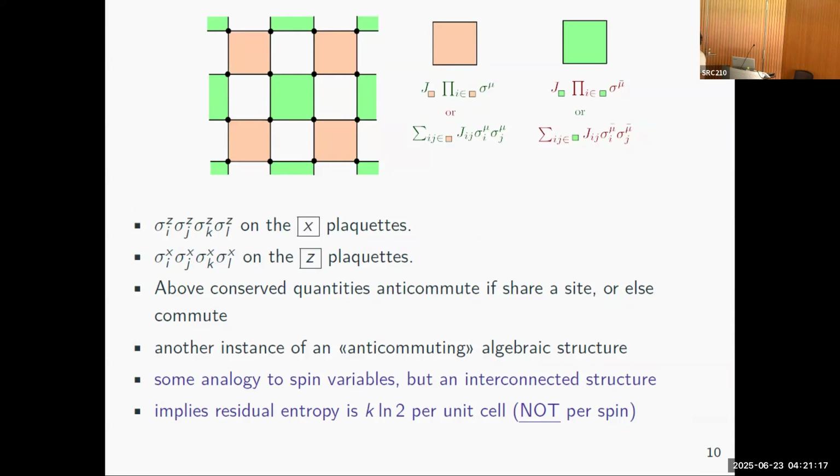However, it's a more intricate interconnected structure. If you have a collection of local spin halves, they are just distinct local algebras. But because of this interconnection, this is one single many-body anticommuting infinite algebra.